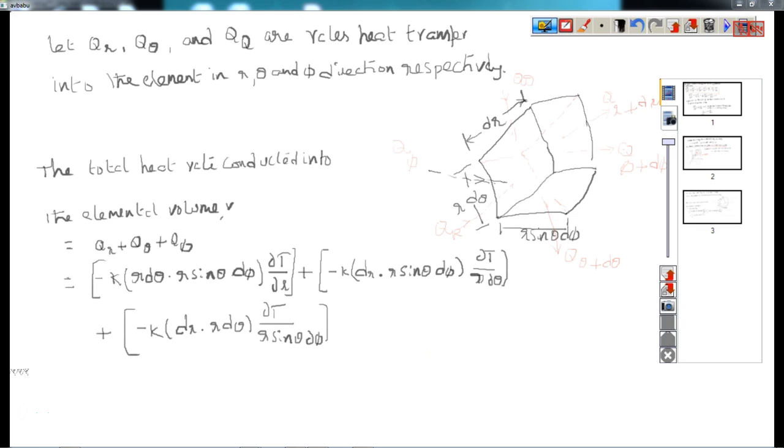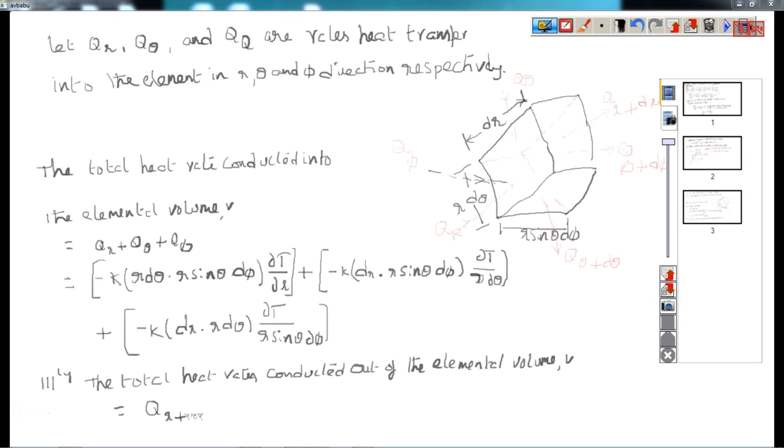And then similarly, the total heat rates conducted out of the elemental volume V could have been, I will write first, this is equal to Q r plus dr plus Q theta plus d theta plus Q phi plus d phi.